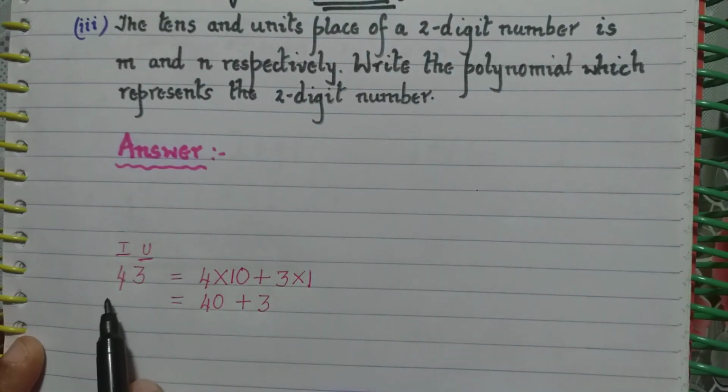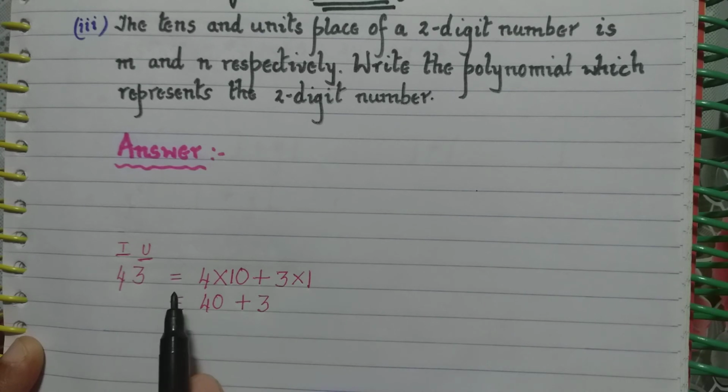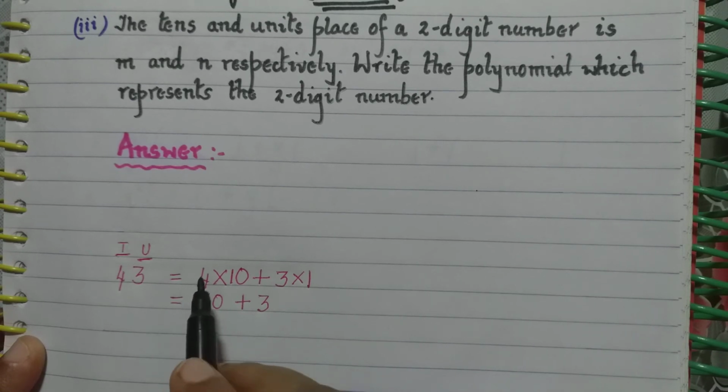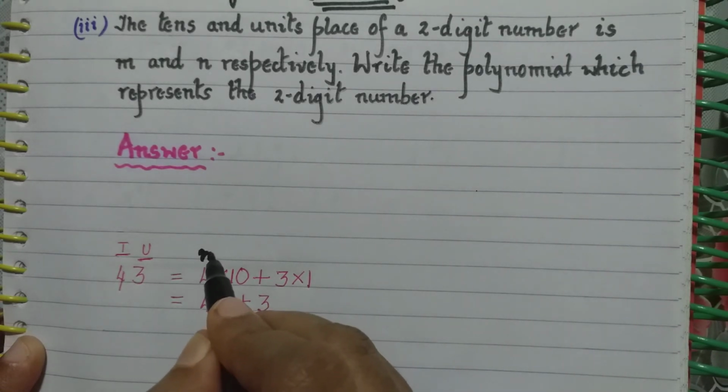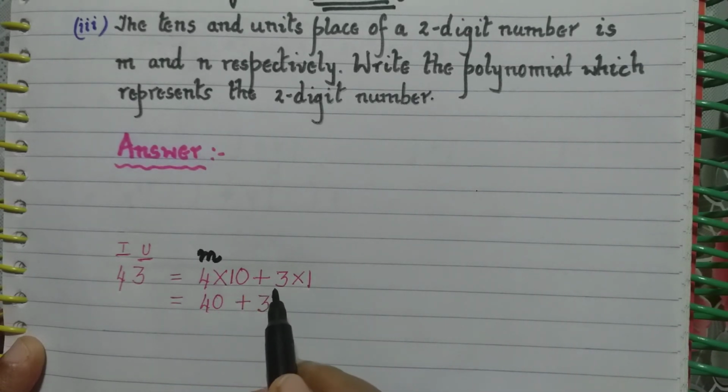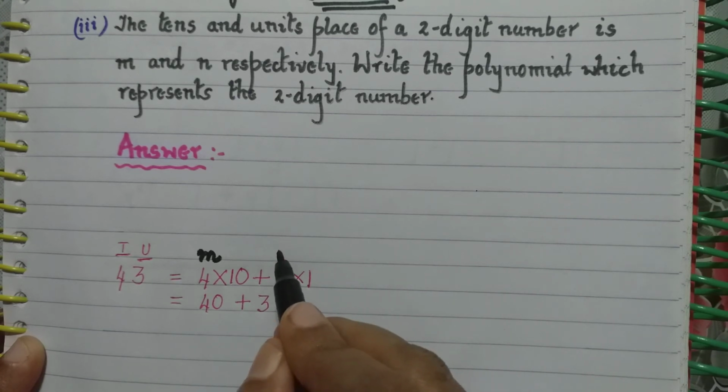When m and n are the digits in the place of tens and units, that means now here in place of 4 I have m. In place of 3, I have the digit n, right?